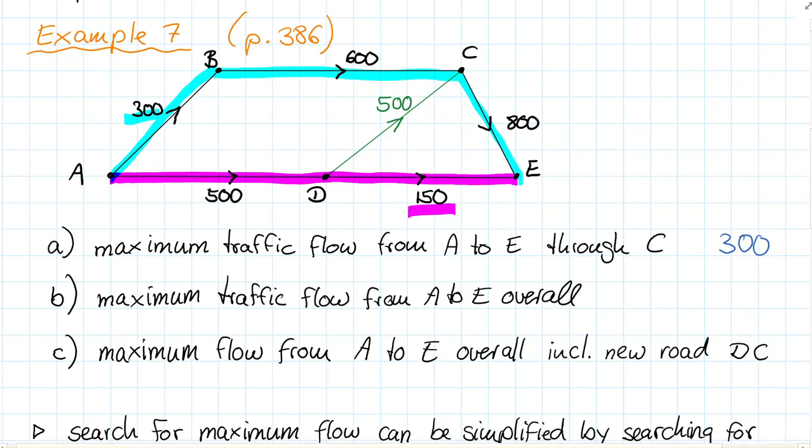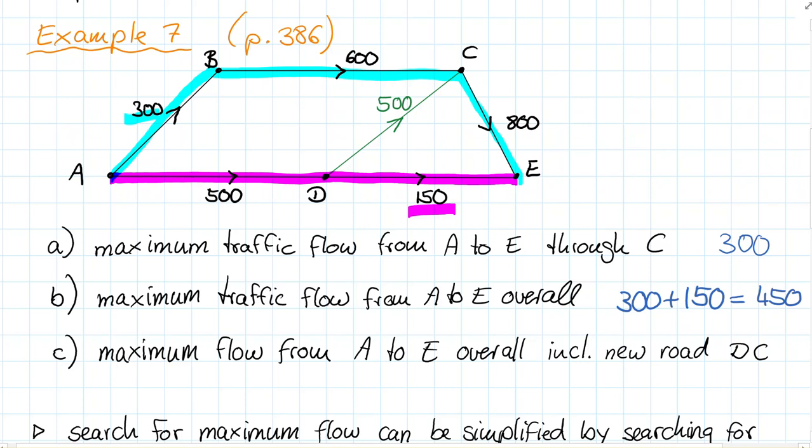When we talk about overall flow, we add those 2 numbers, so 300 plus 150. That means the overall maximum traffic flow from A to E is 450. So we just add the 2 smallest numbers.